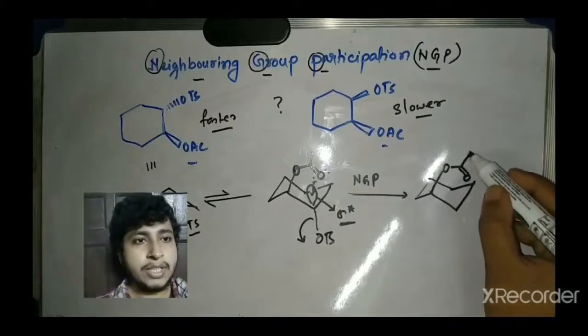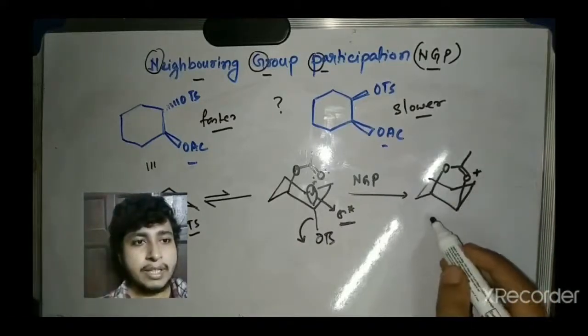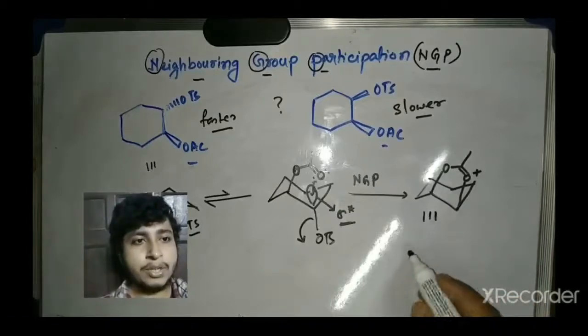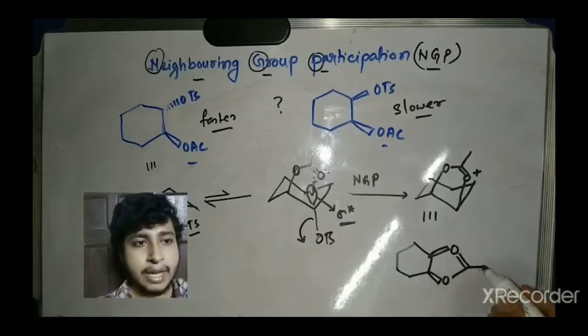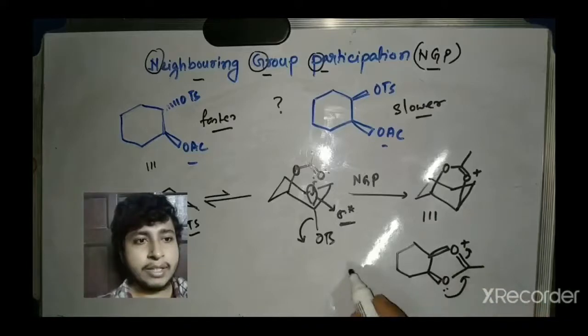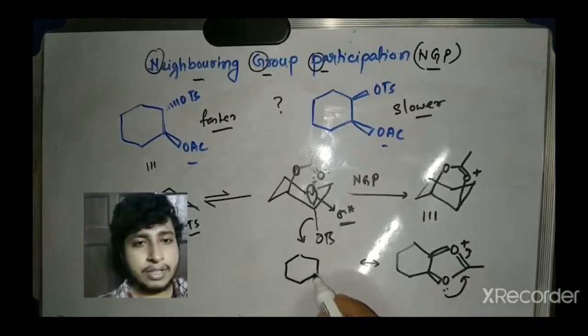So this intermediate will form, and here you can see this intermediate is actually equivalent to this. Both the groups are above the plane, and this oxygen can come here and the double bond can open, and it can give an equivalent resonating structure.